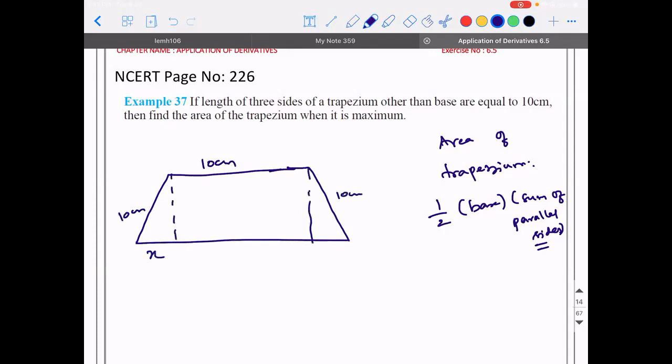This distance is x, and this distance is x, so this will also be 10 centimeter. Now, how to do? How will you frame the equation for area of the trapezium?